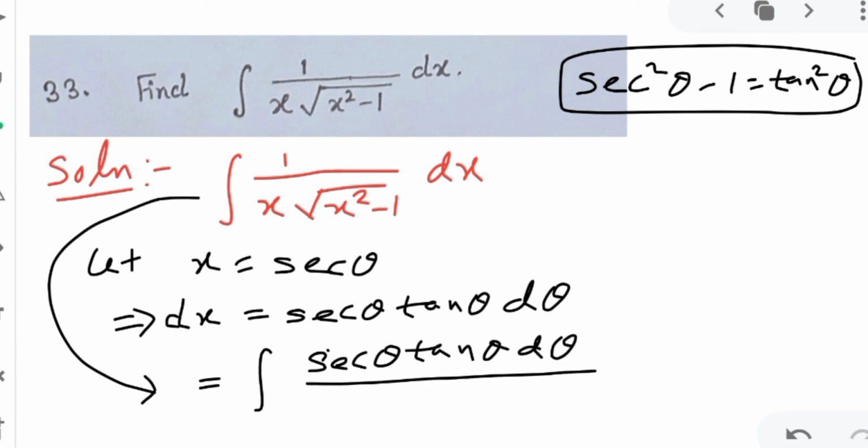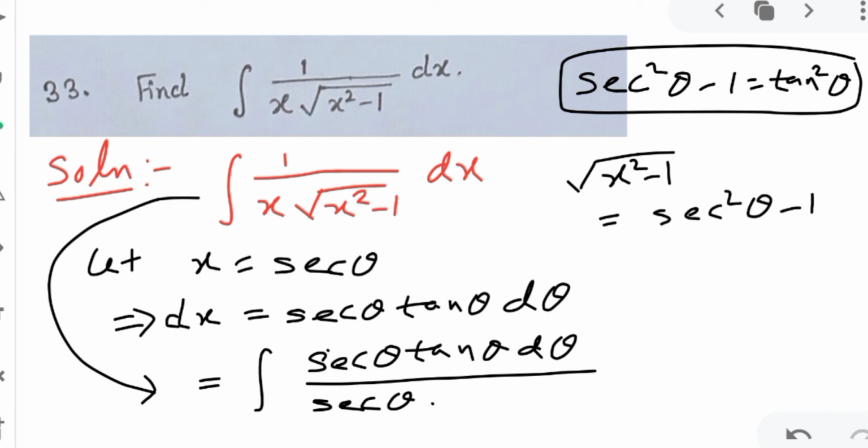So dx I replaced. Now x I will replace with sec theta, so x is sec theta into this root over x square minus 1. I can write x square minus 1 as sec square theta minus 1, correct?